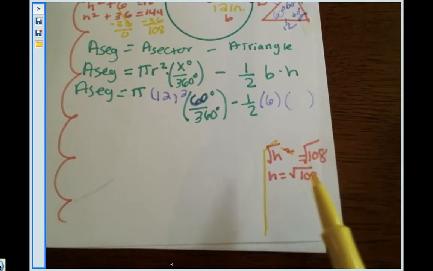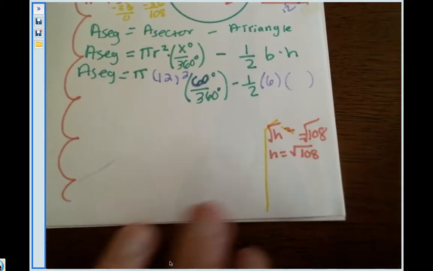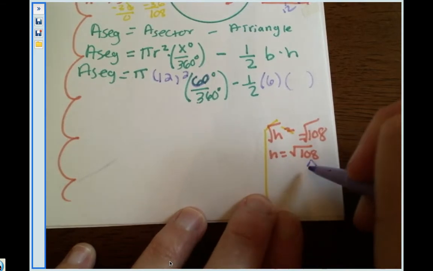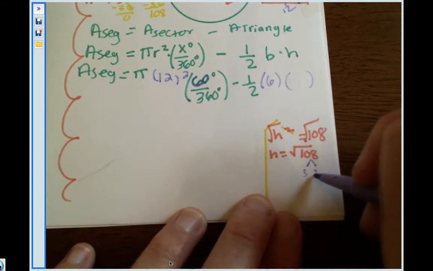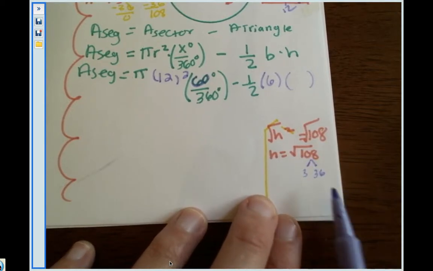Alright, and this is not a perfect square, so guess what, you guys? We're going to have to do a factor tree. I know, this problem just keeps on going. It's awesome. Alright, so let's see here. Our factor tree. Oh, I know 3 will go into this. So it's 3 and 36, I'm pretty sure. Yep, I'll double check again.